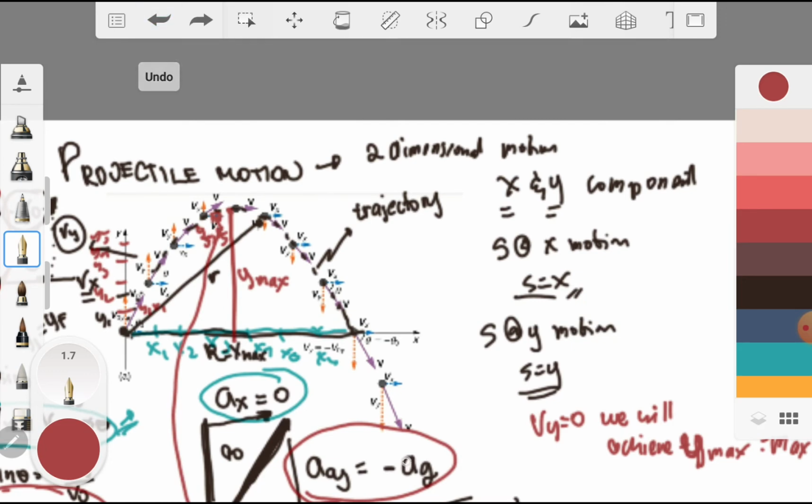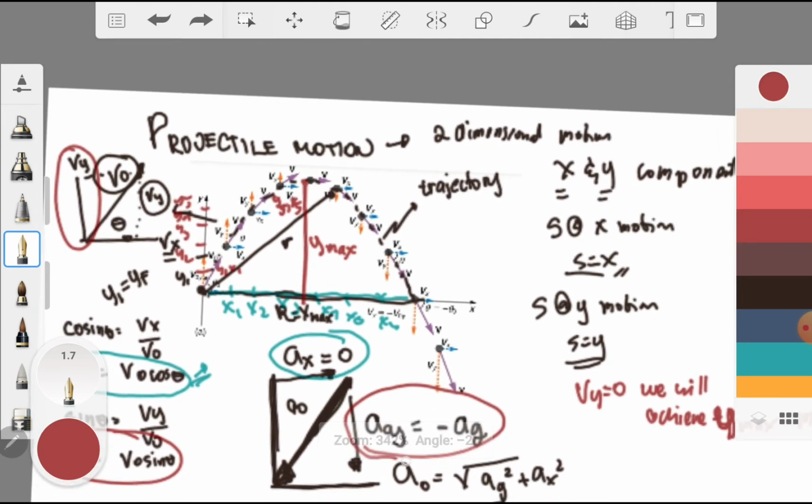So, what is your total time if it is a similar projection, and then you would go down at the same level as your y initial? What I am referring to is this. Okay? When you come from here, and then you return here, which is a symmetrical projectile motion, what will be your total time? So, it's easy, right? T1 plus T2. But what is your T1?